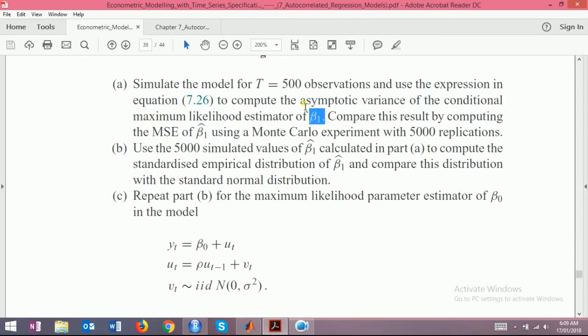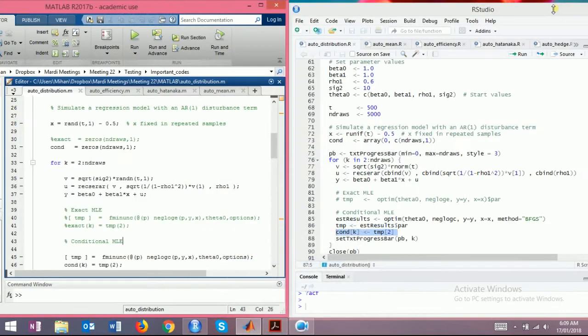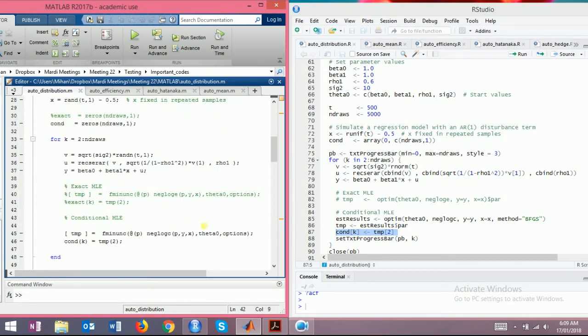We want tmp2 to be generated 5,000 times using a Monte Carlo simulation with 5,000 replications. So we're comparing mean squared error.